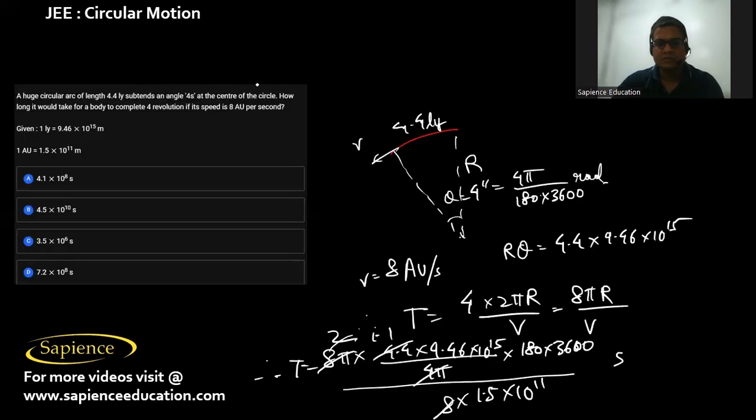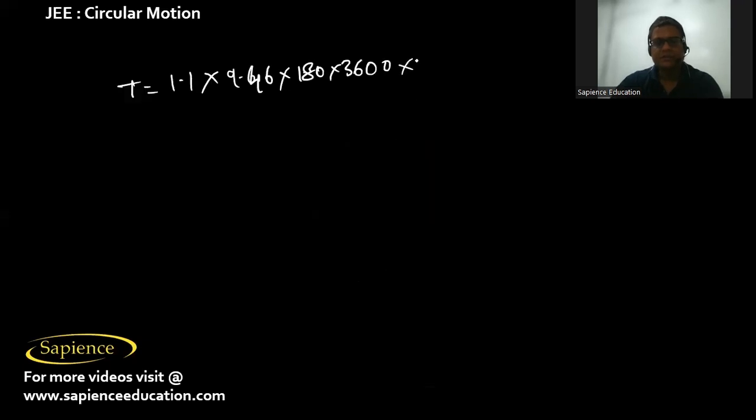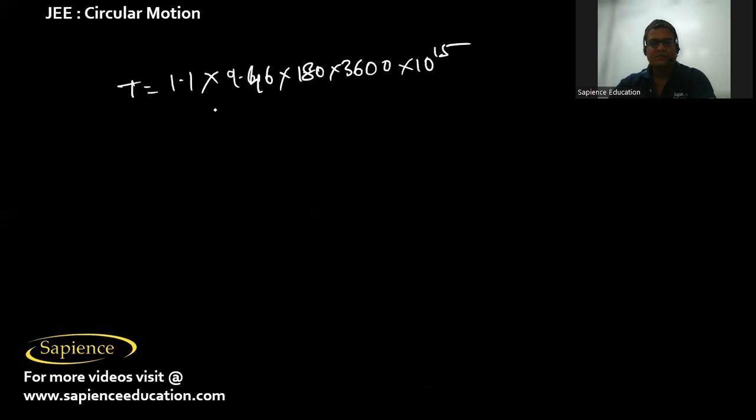So t will be equal to 1.1 into 9.46 into 180 into 3600 into 10 power 15 divided by 1.5 into 10 power 11.